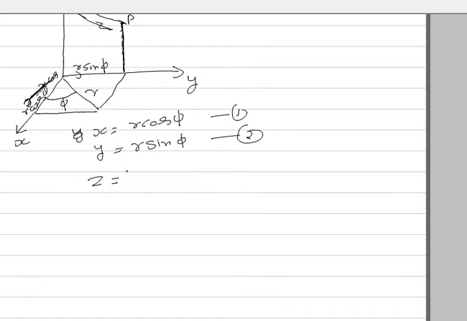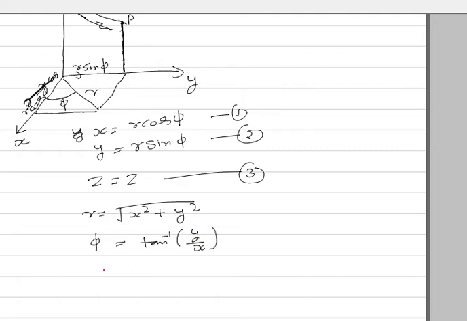Similarly in Cartesian coordinates z equals z. This is equation 3. On the basis of equations 1 and 2, we can write r equal to under root x square plus y square, the angle phi equal to tan inverse y upon x, and z equal to z. This is equation 4. These four equations are very important to transform a cylindrical vector into a Cartesian vector or Cartesian to cylindrical vector.